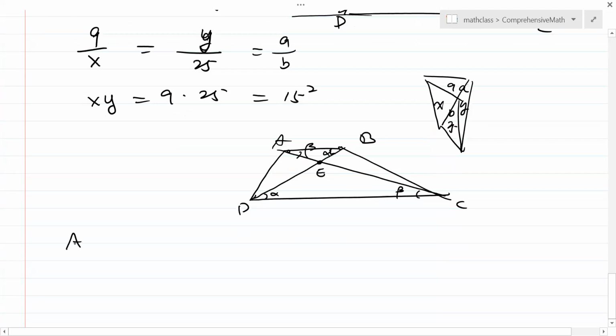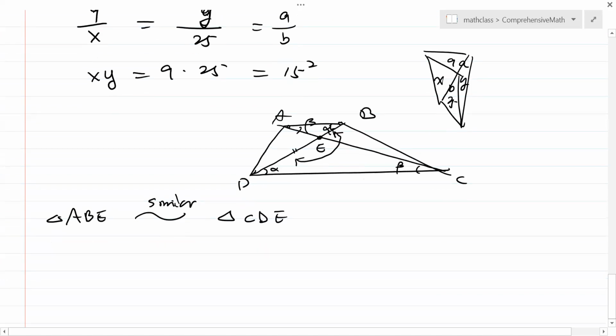So triangle ABE is similar to triangle CDE, but these two sides correspond to each other. It's a switch. These two sides are corresponding to each other.